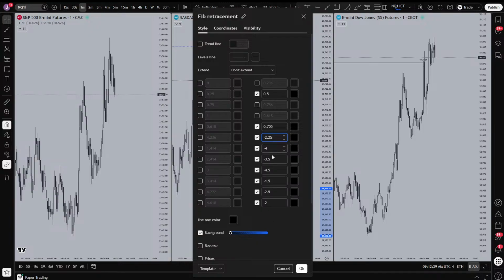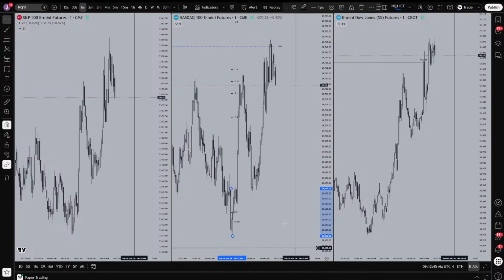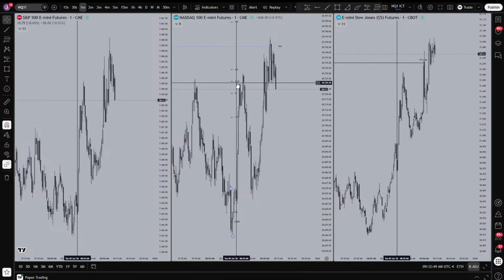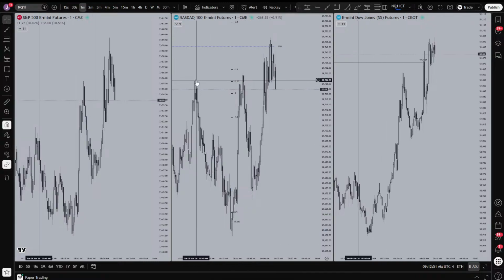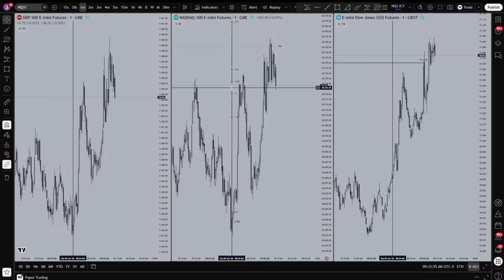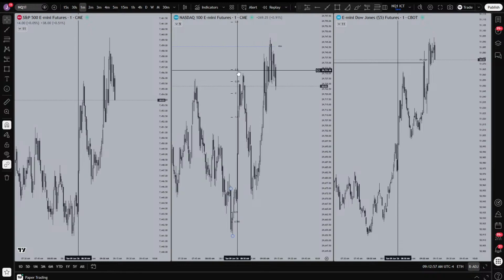At -4 and -4.5, that's where the final expansion and full move is going to be. As you can see, this -2.5 offered us the retracement. It's pretty crazy how that lines up with this liquidity. Once we sweep out this liquidity, we fully deliver to these standard deviations and then start dropping back.